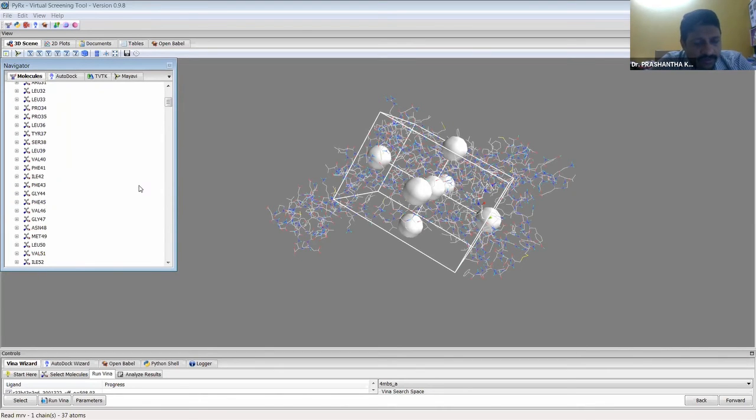Maraviroc formed hydrogen bonds with two amino acids. It is tyrosine, nitrogen with oxygen, 251. If you want, you can go to PDBsum, search for it, and tell me.